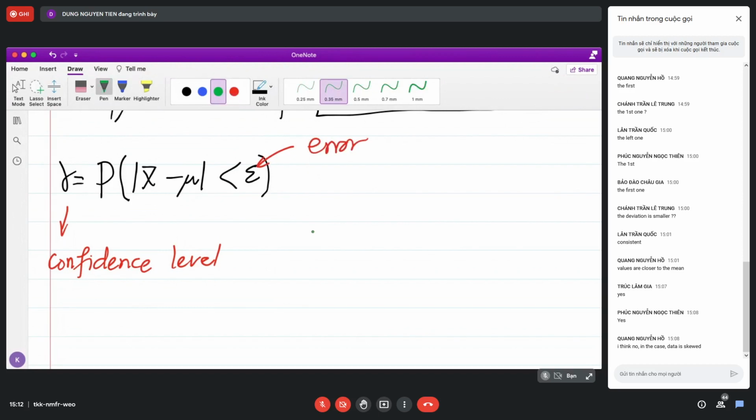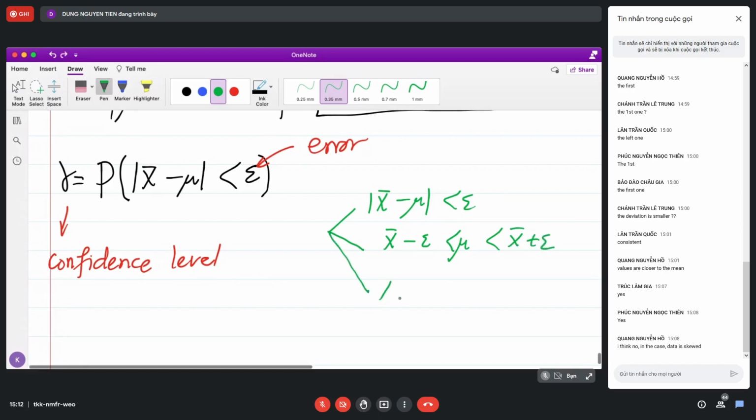And then you come up with x bar minus mu less than epsilon, or you can say mu is greater than x bar minus epsilon and less than x bar plus epsilon, or you can say mu equals x bar plus or minus epsilon.